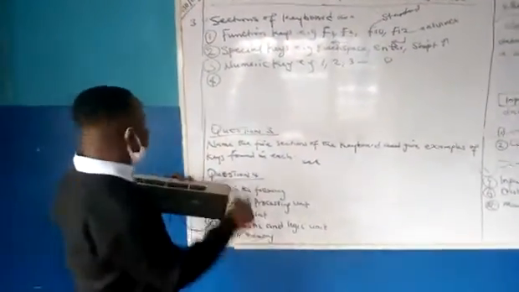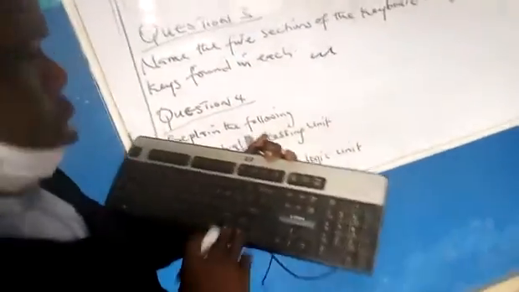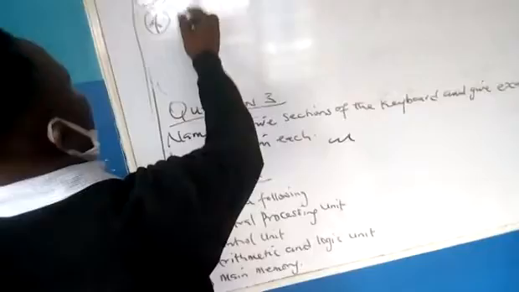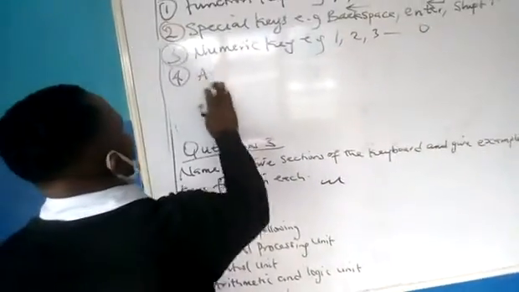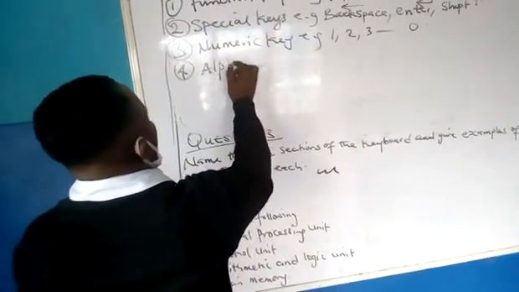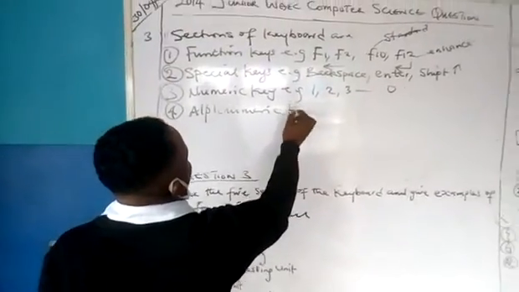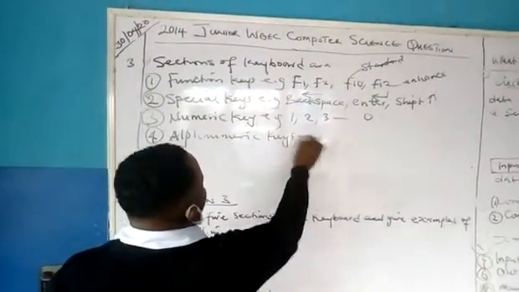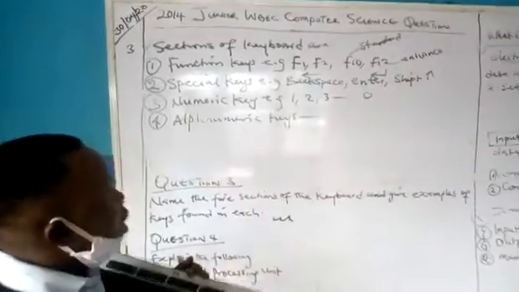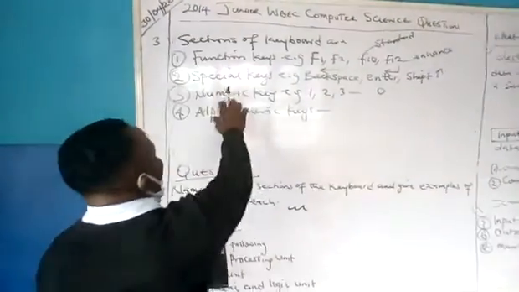Then the next one, another section, is called alphanumeric. It is the combination of alphabet and numbers.